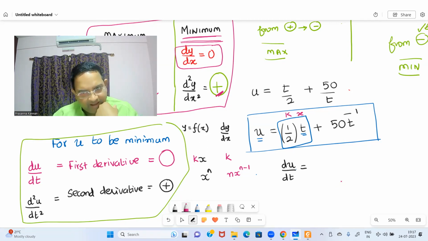K. So the differentiation of half t is half. We have done this several times in the class. What is the differentiation of 2t? 2. Of 5t? 5. Of half t? Half. That's it.